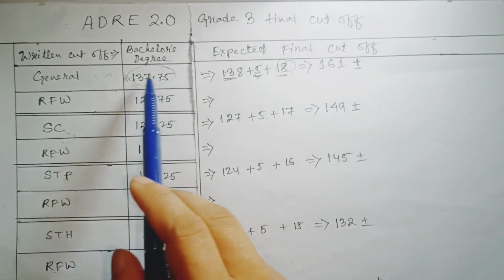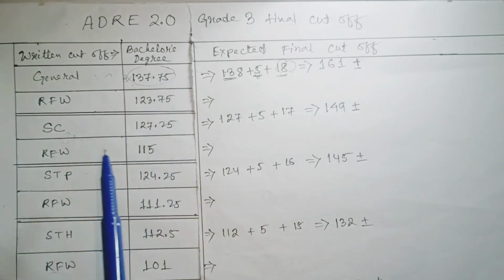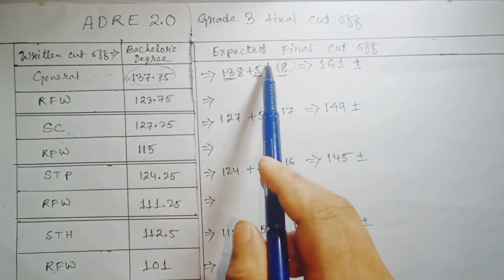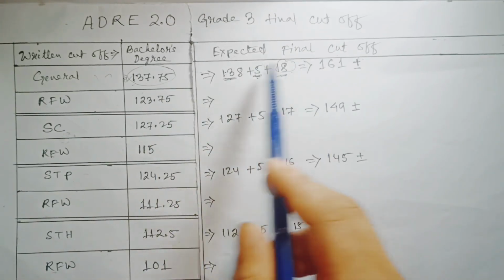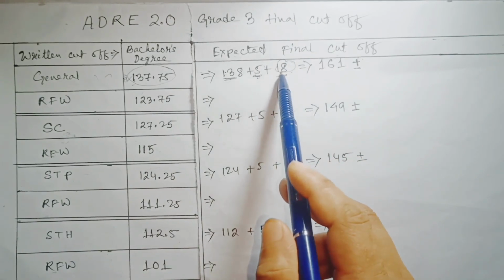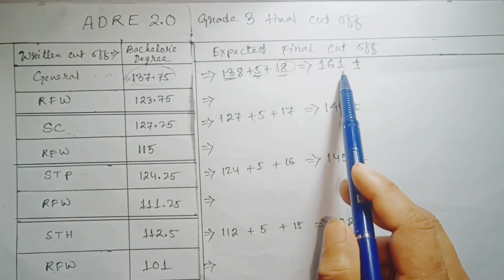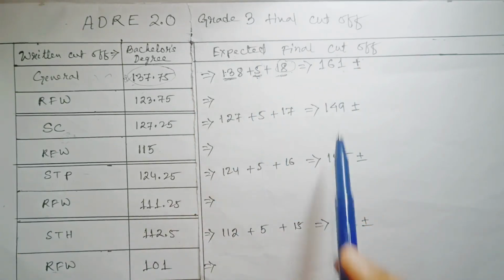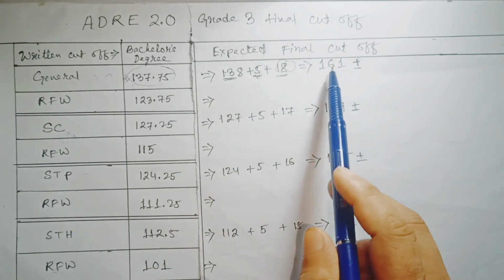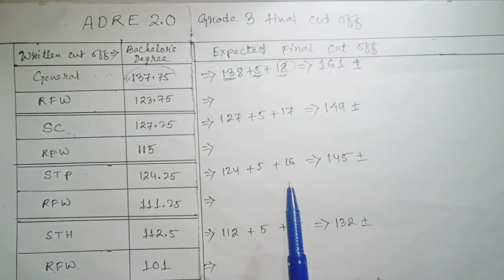The cutoff was 137.75. Let's say 138 plus average marks 5, and then the skill test marks 18. If you add them, you will get 161. That means you can expect the final cutoff to be between 160 and 163, plus or minus 1 or 2 marks.